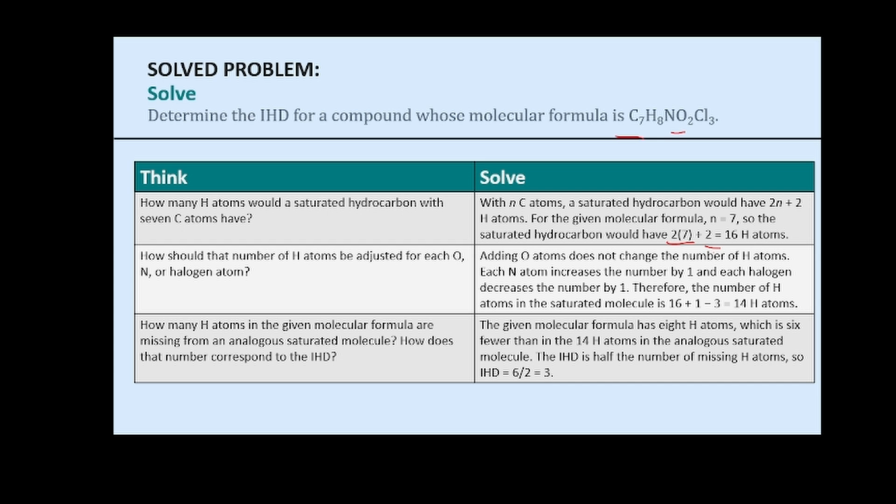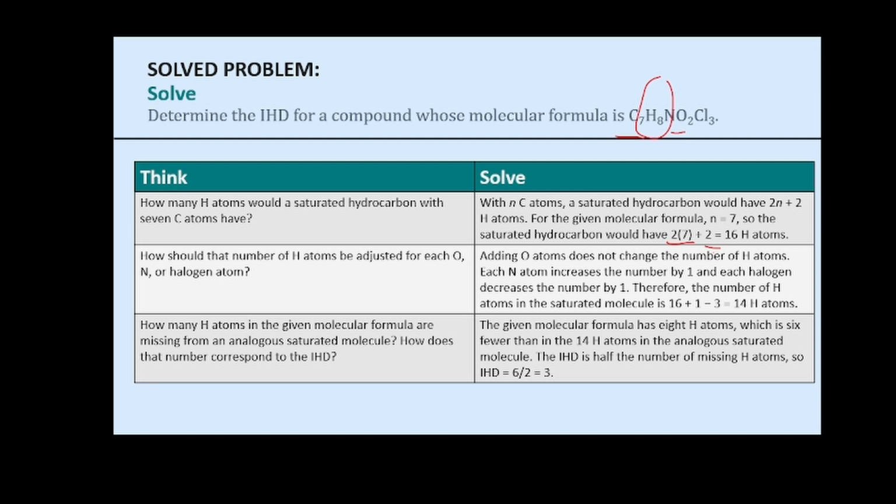Okay, and I saw some people throw that up while they were working through things, which actually was kind of neat to be able to see that. But then let's see, we have 14 hydrogens. How many hydrogens do we actually have in this molecule? Yeah, we have 8 right there, right? So we take that difference.